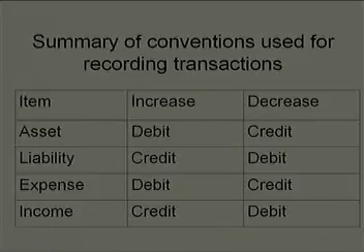So, the first column, if you see, it gives you item. For example, asset, liability, expense, income. We will talk in detail what is meant by asset, what is meant by liability, what is expense, what is income. We will discuss them in detail.